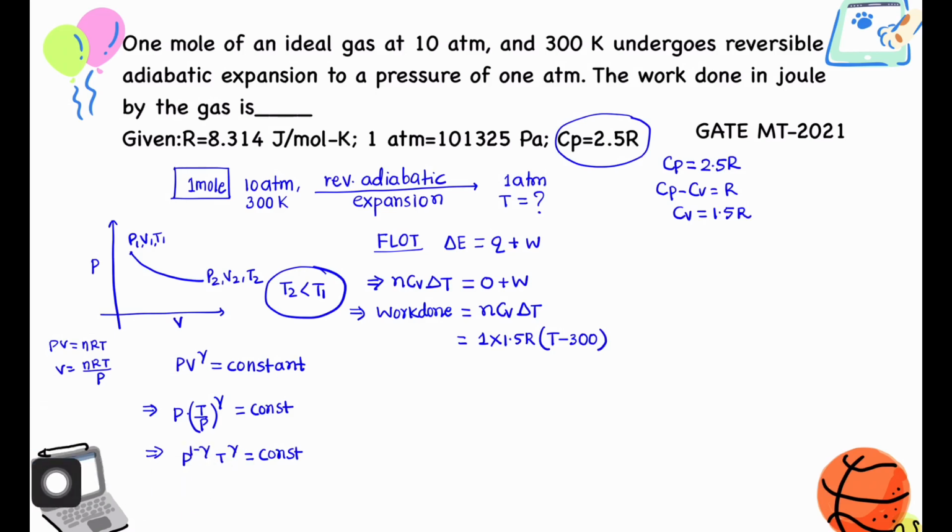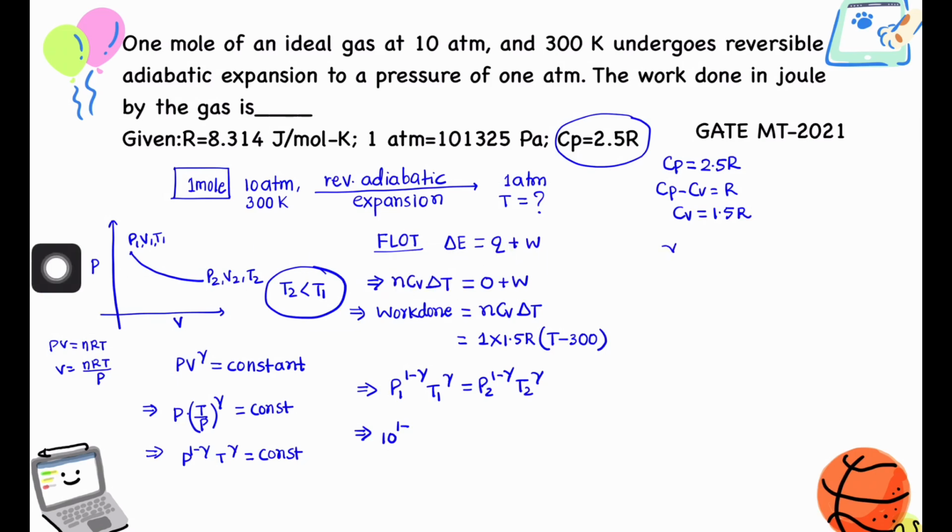Now, we can write P1 to the 1 minus gamma, T1 to the gamma equal to P2 to the 1 minus gamma, T2 to the gamma, where P1 and T1 are the initial pressure and temperature before the adiabatic expansion and P2 and T2 are the final pressure and temperature. Okay. What is the P1 value? P1 is 10 atm, so it will be 10 raised to 1 minus gamma.